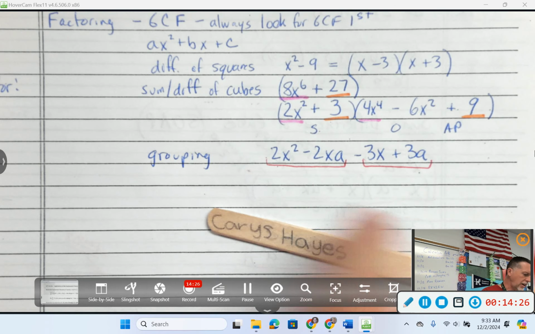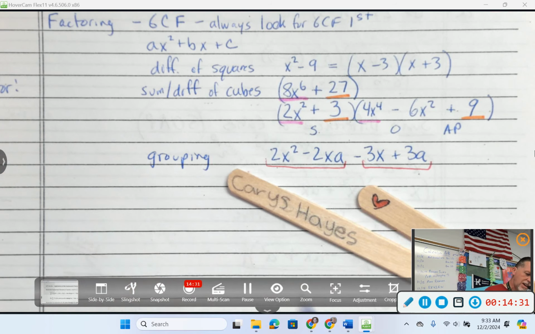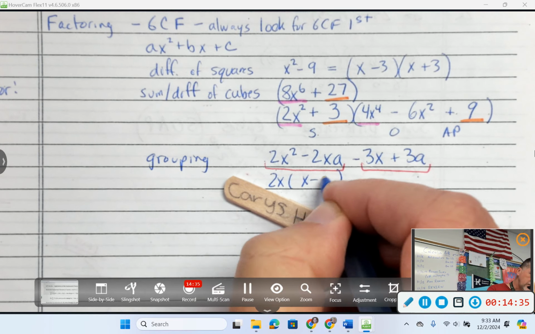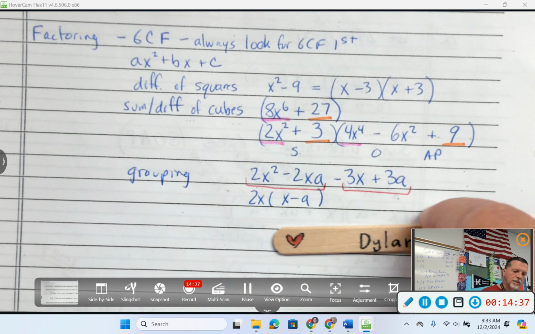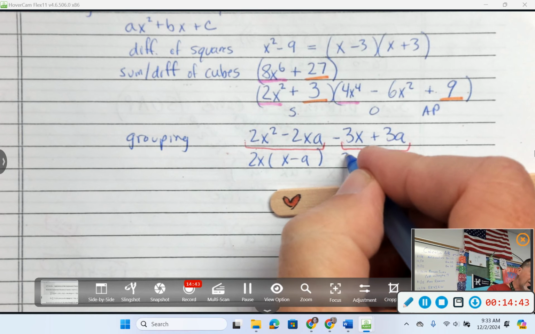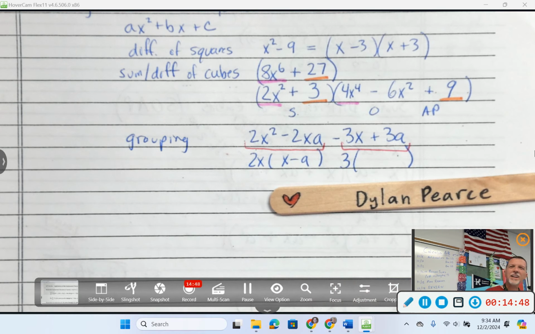So, Karis, what could I factor out of the first two? And what does that leave? Good. Dylan, what can I factor out of the second two? Yes, kind of. Why kind of?